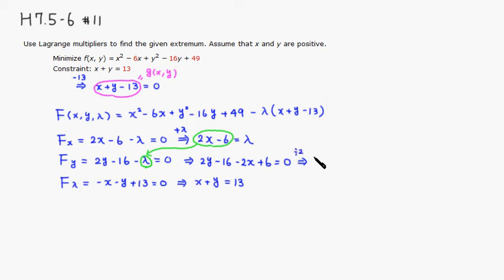So it's y minus 8 minus x plus 3 equals 0.